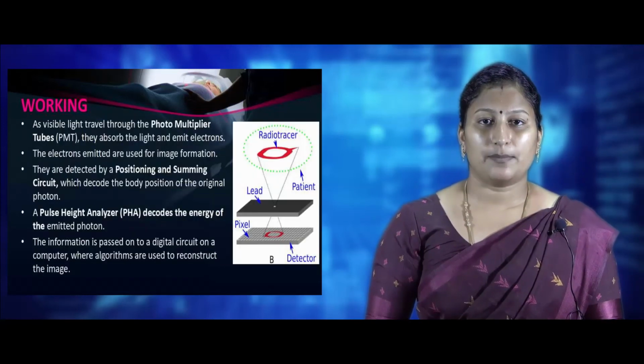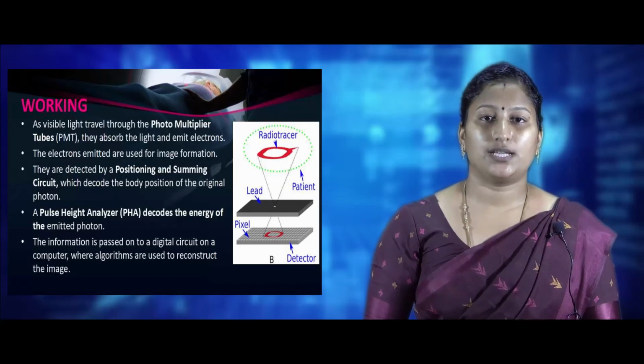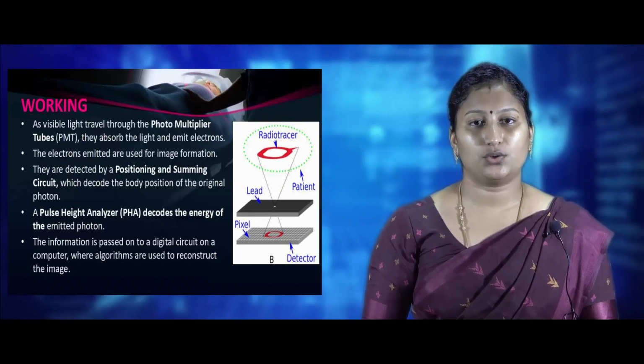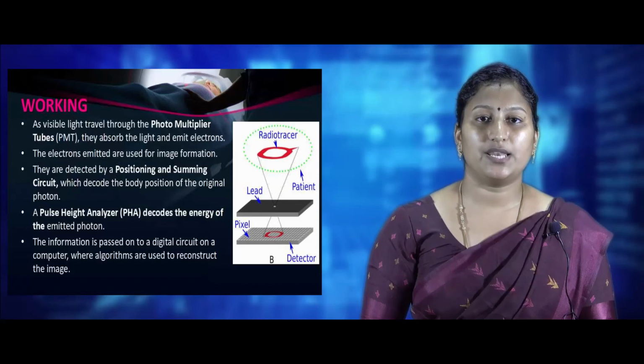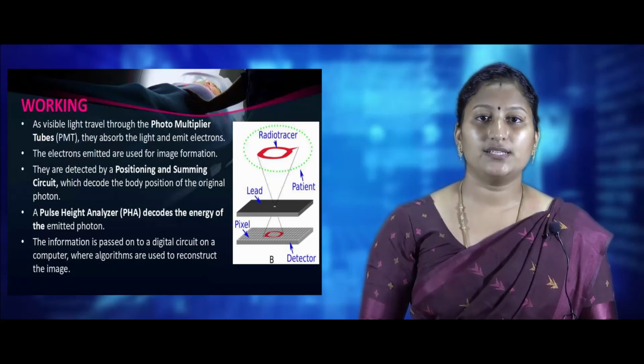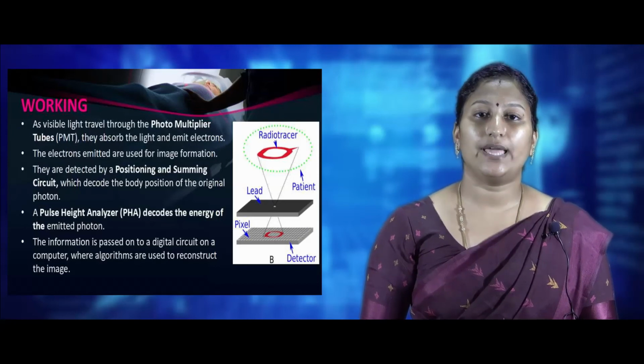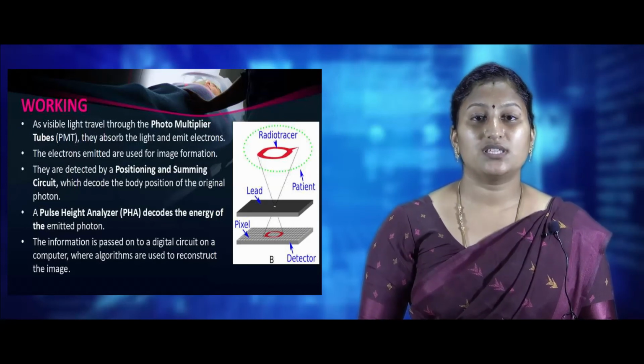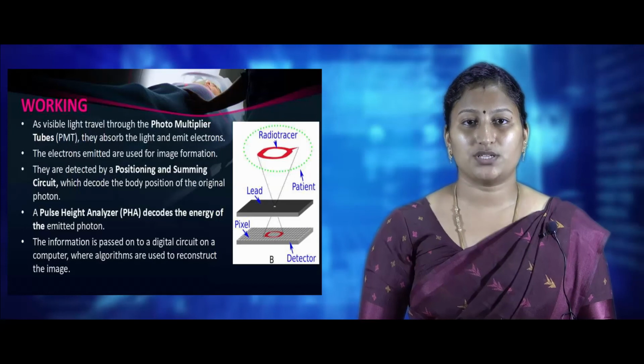The collimated gamma rays hit the detector, where they are converted into visible light. The visible light travels through the photomultiplier tube and is converted into electrons. The electrons are used for image formation.